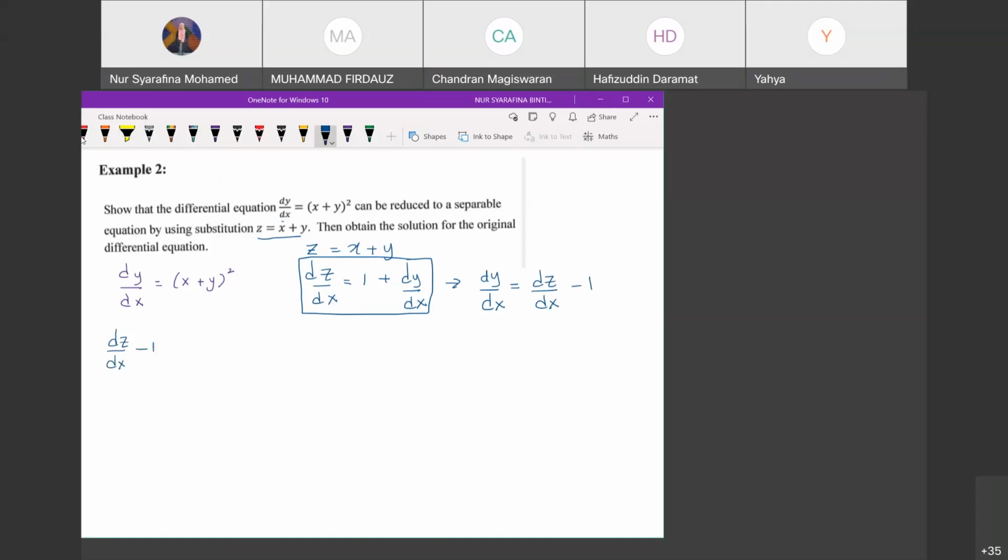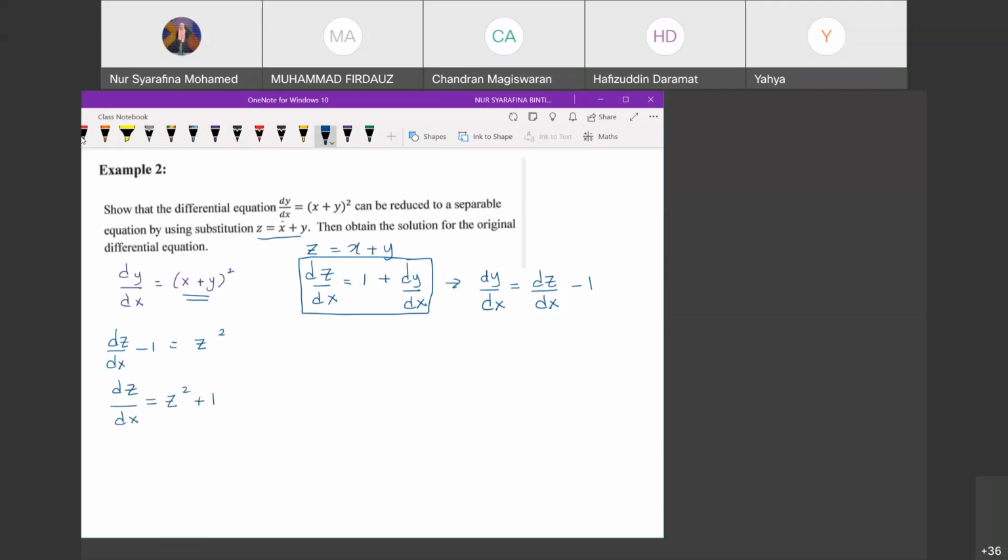Substitute here: dy/dx equals dz/dx minus 1, and (x plus y) squared equals z squared, because z is x plus y. Now you can see the differential equation is in terms of x and z. Can this function be separated or not?